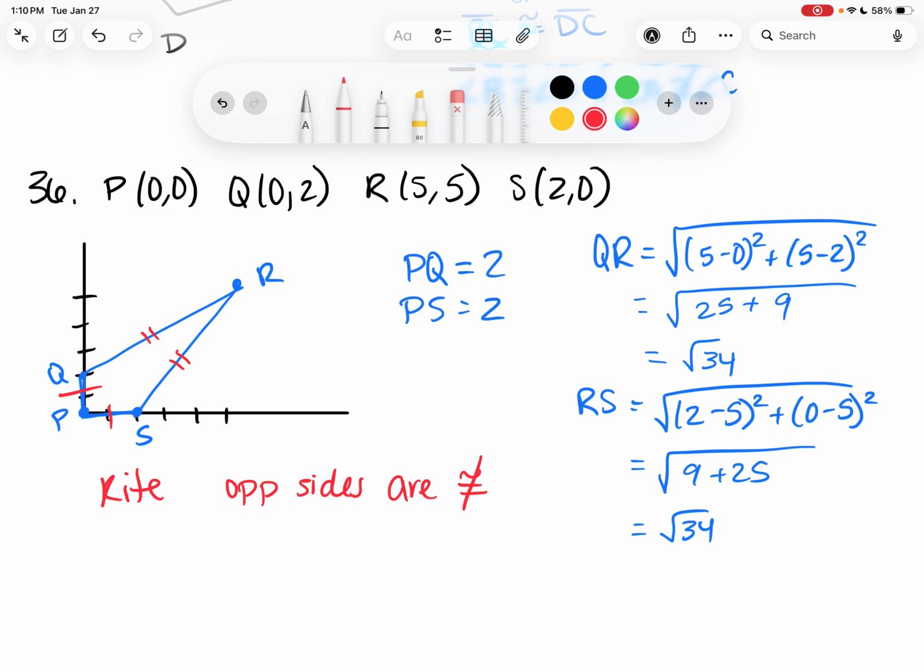I'm emphasizing this because some of you missed some things because you just looked at a picture instead of actually measuring.